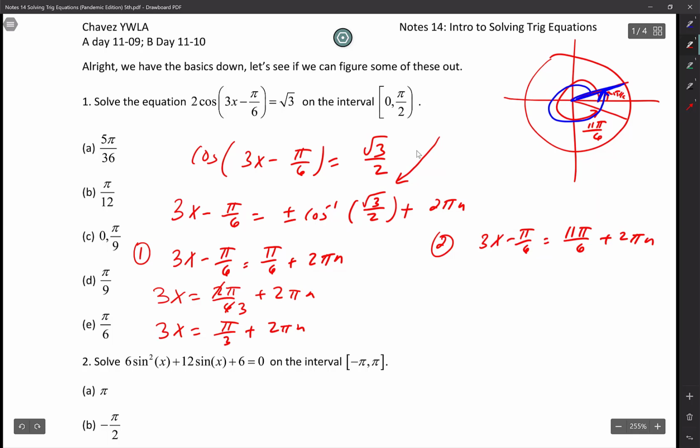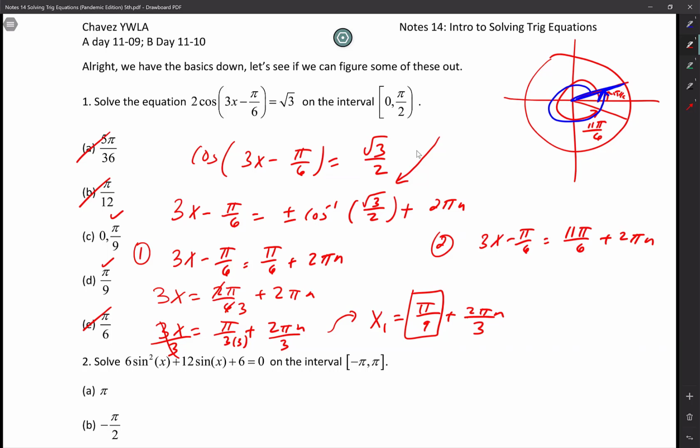And then what I'm trying to do is get x by itself, so I'm going to divide everything by 3. So I get x equals pi over 9 plus 2 pi n over 3. So pi over 9 is definitely an answer. I don't see it among the choices... maybe, nope. So it's between C and D.